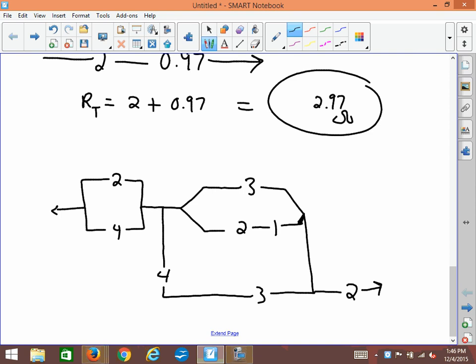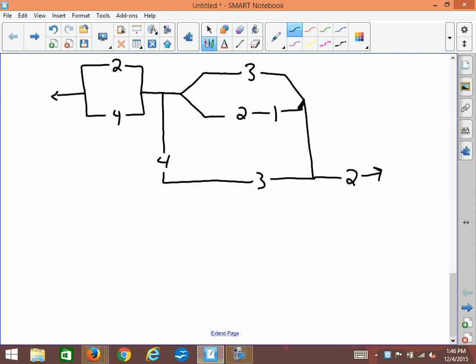All right. Here's what we're going to do. We're going to break this down as much as we can without redrawing it. Let's look at this section. This section right here is parallel. So I can do my parallel rules, right? I can do the total resistance of that. 1 over the total is 1 over 2 plus 1 over 4, right?